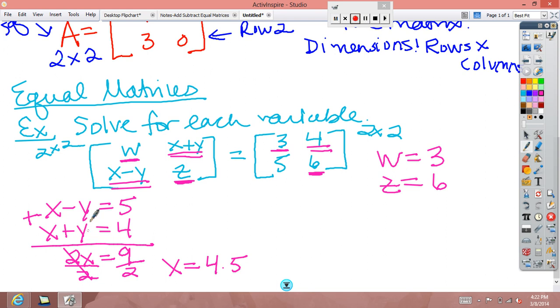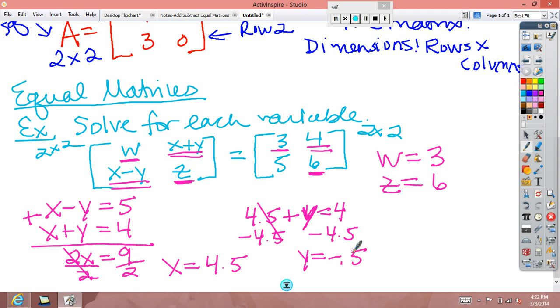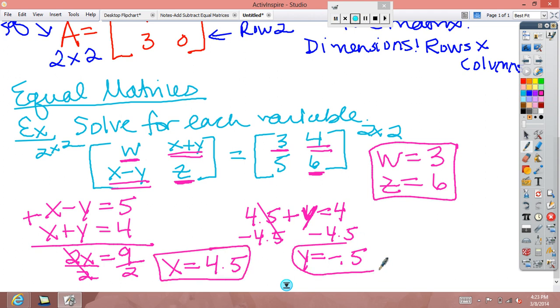Here y is positive, it doesn't matter, but since y is positive, I'm going to plug it in here. So x is 4.5 plus y equals 4. Subtract 4.5, and y equals 4 minus 4.5 is negative 0.5. And so, there are my answers. Answers, not answers. It's not a word.